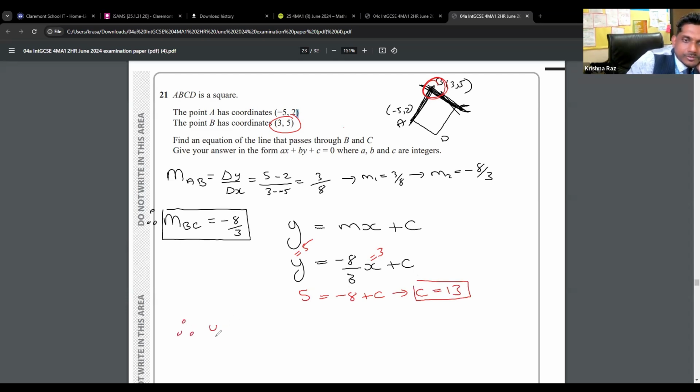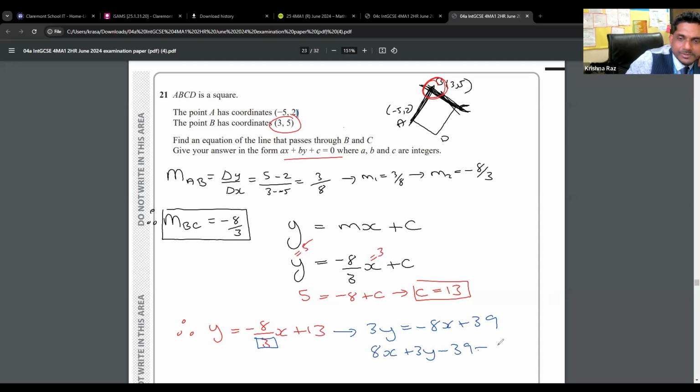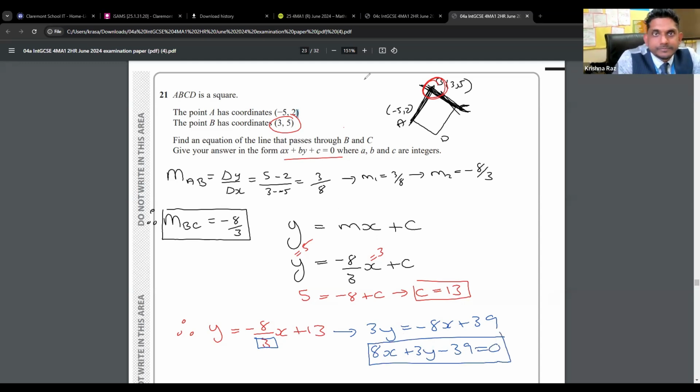Therefore, y equals -8/3 x plus 13. It wants it in this form. So we times everything by 3. 3y equals -8x plus 39. And then we just want to put everything equal to 0. So 8x plus 3y minus 39 equals 0. Job done.